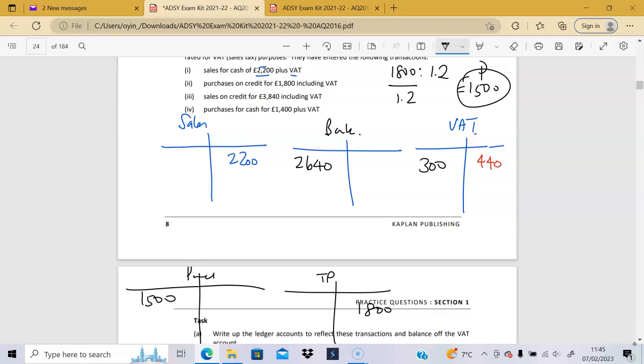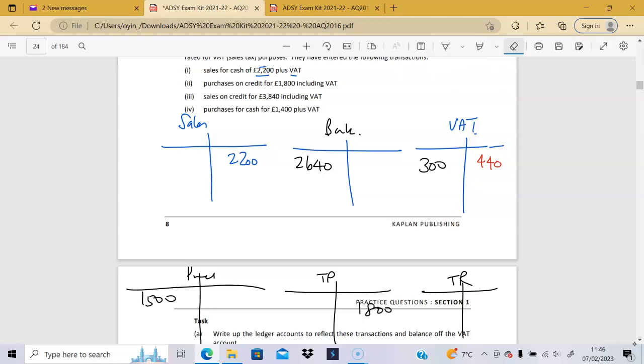So now I have a scenario where I am actually dealing with trade receivables. So I'll have trade receivables over here. And it says here, this is 3,840, including VAT. I'm going to do exactly what I've just done here, but just to give myself some space, I will do the same thing. So the 3,840 includes VAT. So that's at 1.2, right? So I'm going to divide this by 1.2. 3,840 divided by 1.2 takes me to 3,200.